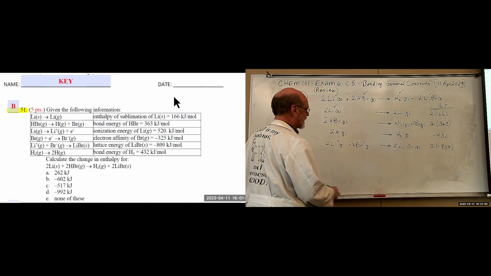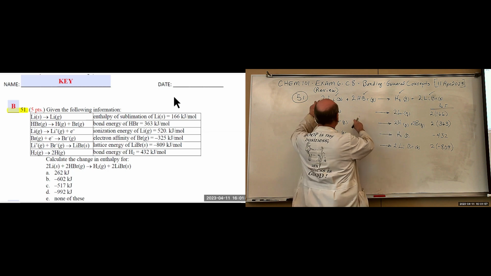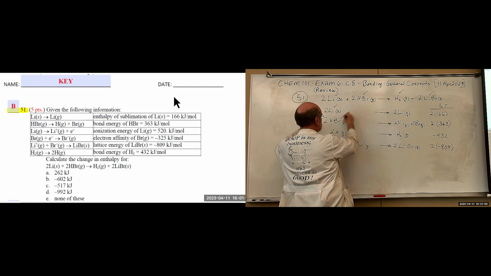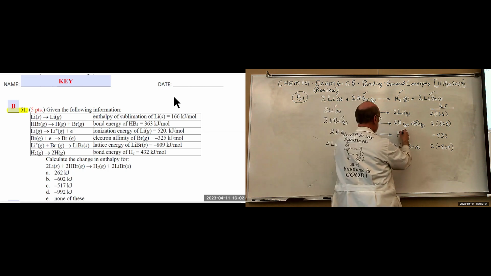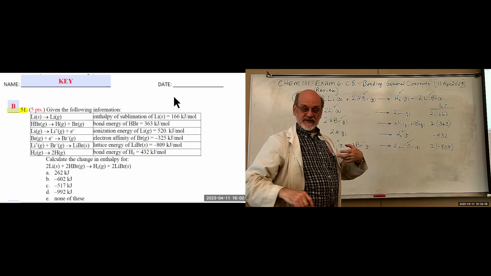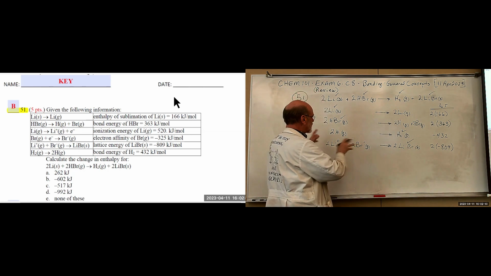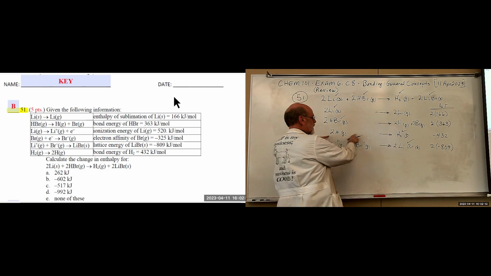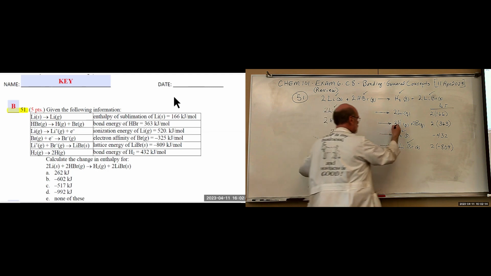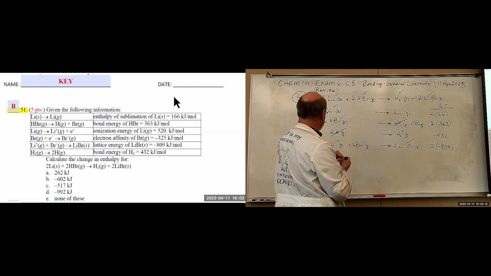All right, now let's check off the ones that we have. This one, this one, this one, and this one. That means that we've added some things that have to be canceled out. Let's see if we can cancel any of them at this point. Here's 2 hydrogens. Those go out.